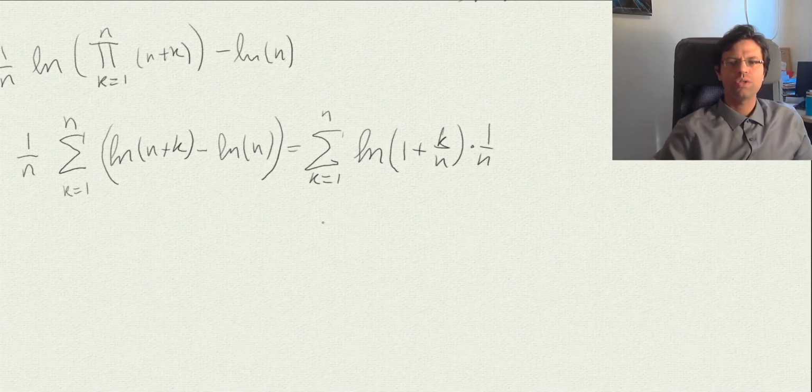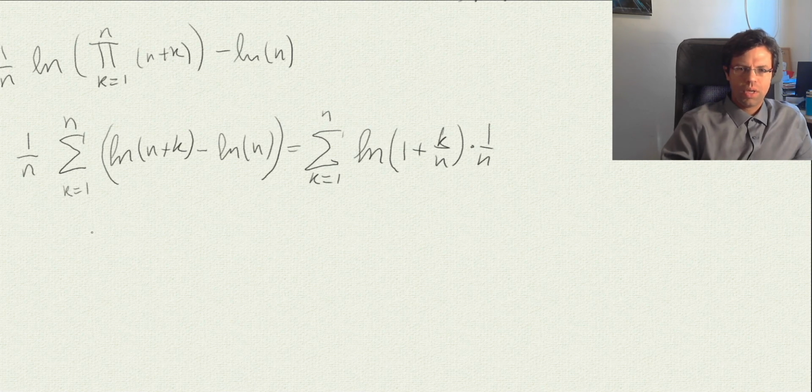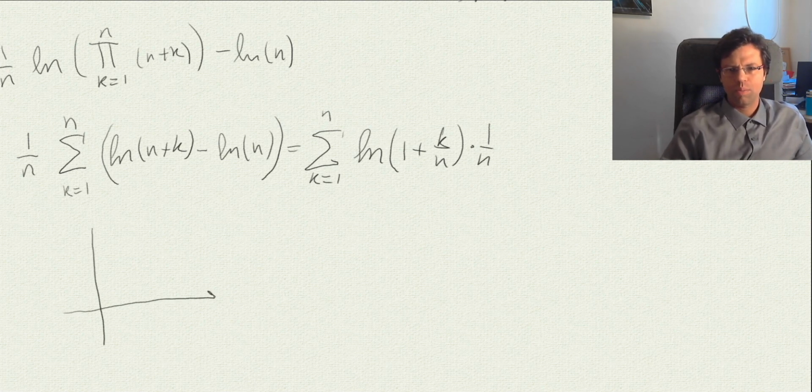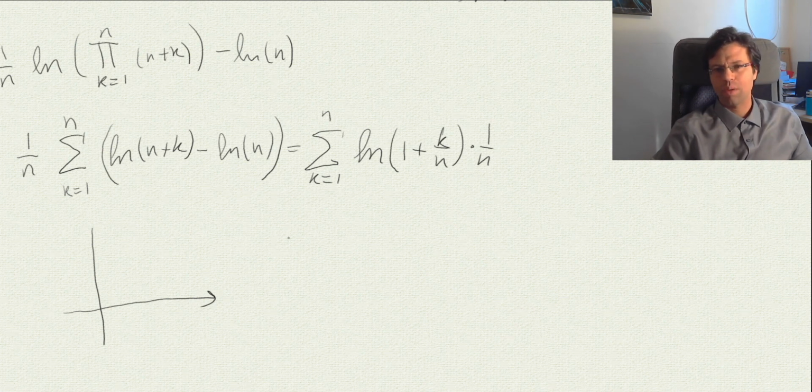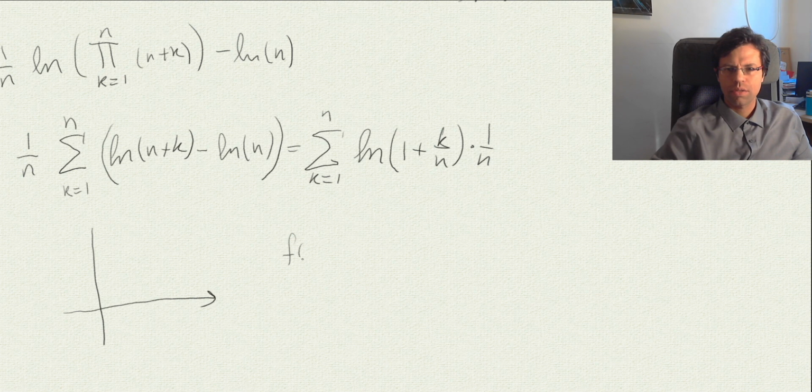Now we need to make another observation, and see that this is a Riemann sum of some function. If we consider the function f of x equal to the natural logarithm of 1 plus x, there are other choices, it depends on the interval. We'll consider it on the interval from 0 to 1.